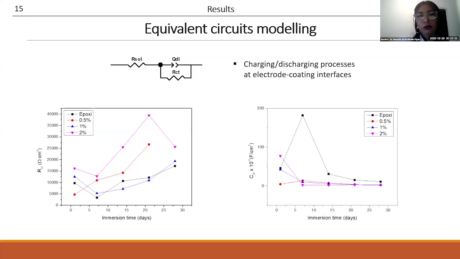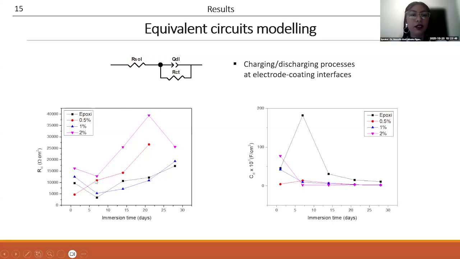So the values that we calculated here were these. In the first image, we have the charge transfer resistance, and in the second one, we calculated the double layer capacitance using the Buck equation.